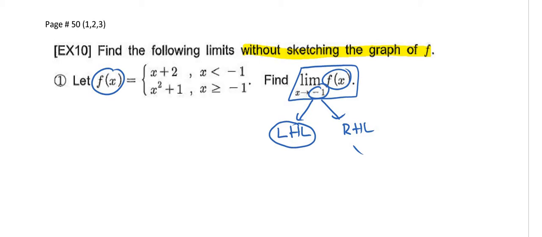All right, let's go ahead and write out the solution now. To evaluate the left-hand limit, I recognize that the left-hand side is this inequality, and the function on the left-hand side of -1 is x plus 2. So the limit as x approaches -1 from the left-hand side of x plus 2.